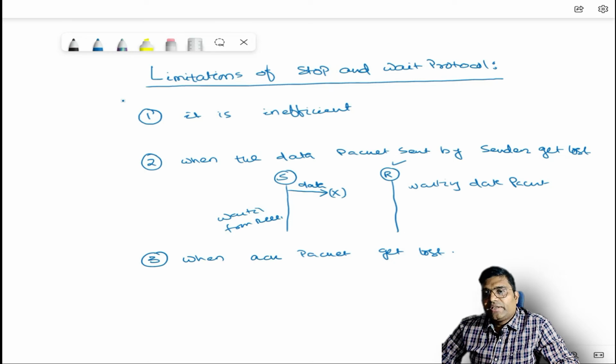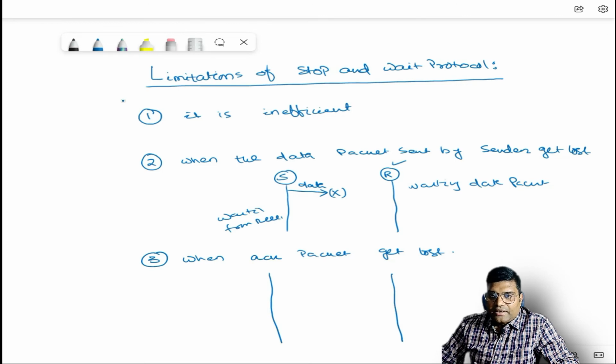So it is a deadlock situation for both sender and receiver, because they are waiting for their respective packets and will wait forever. So this is one limitation if the data packet gets lost in the medium.